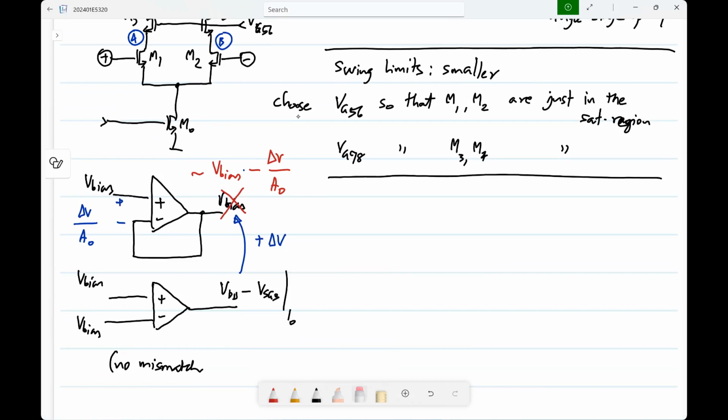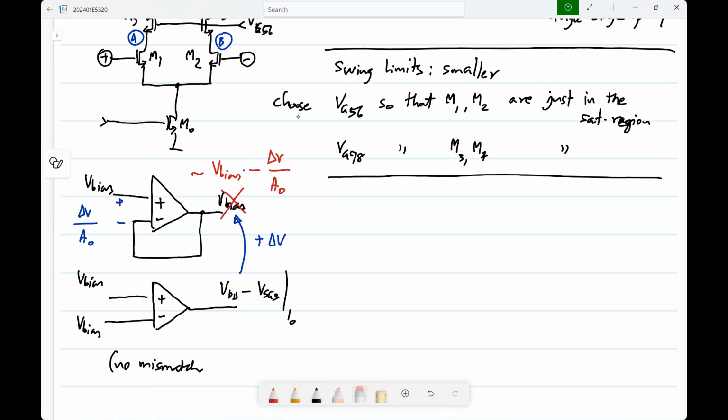The other one is the systematic offset, because the output has to change from its operating point to where you want it to go. So roughly, of course, all these are happening together. I assume that the output is V bias and then said the input difference has to be this delta V by A0. But roughly this is okay.